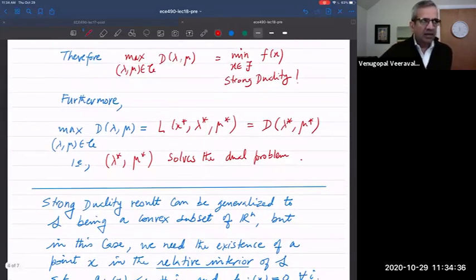And it turns out that in some applications, you might be able to show that strong duality holds, another way to say that is that there's no duality gap, even when these convexity conditions don't hold. In that case, of course, there's a big advantage of working with the dual problem, because that's always a convex problem.